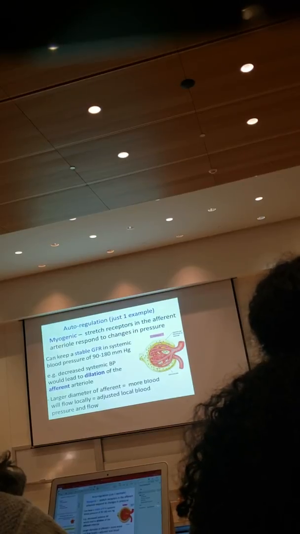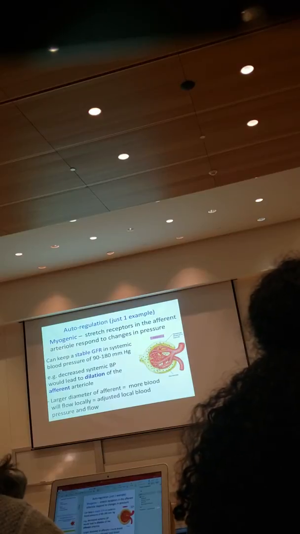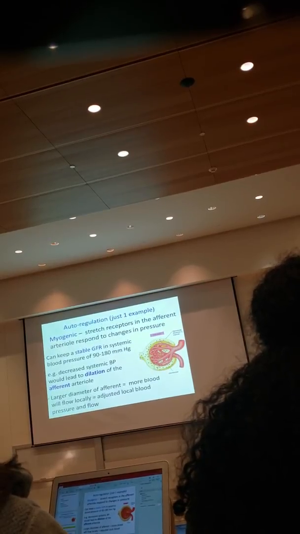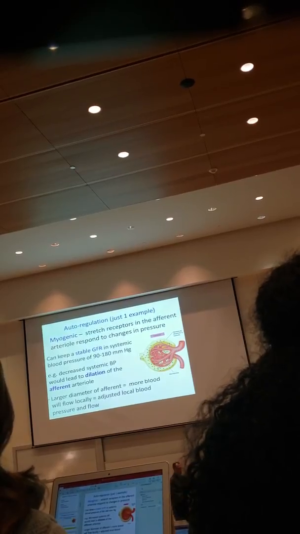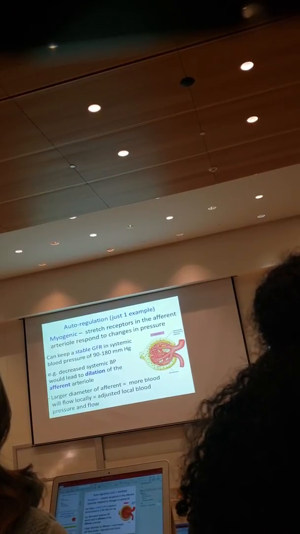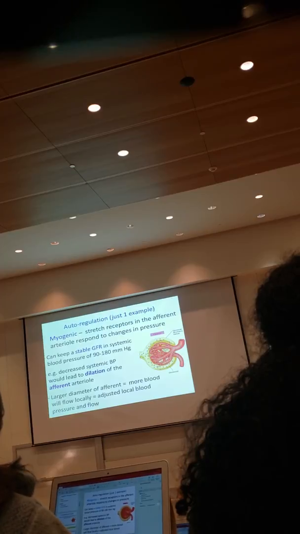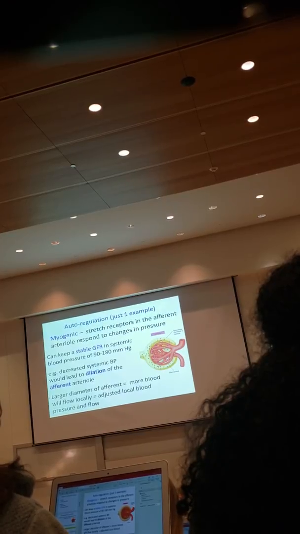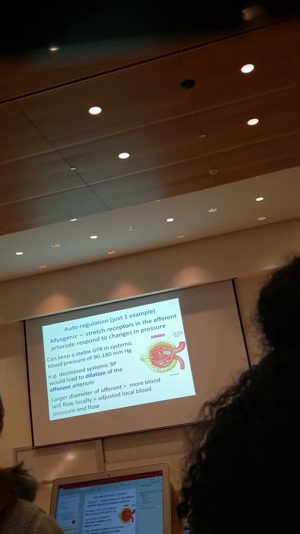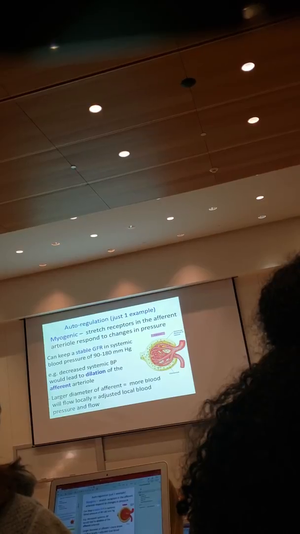So systemically, we just made things worse. We had a decrease in systemic blood pressure, we changed it locally and solved the kidney problem, but we just made the systemic problem worse. Now, systemic is extremely important and more important than the kidney, and maybe we can solve this by constricting other blood vessels, increasing the heart rate, and other things that we learned.